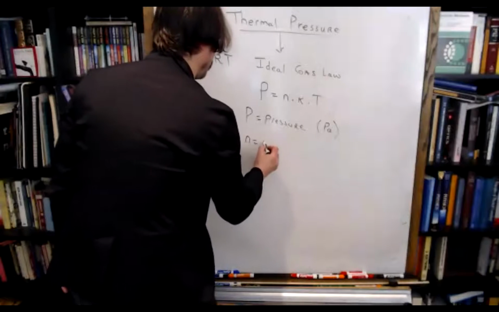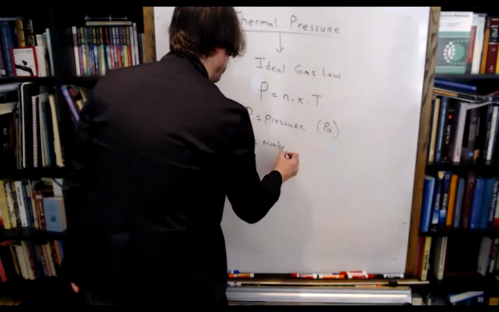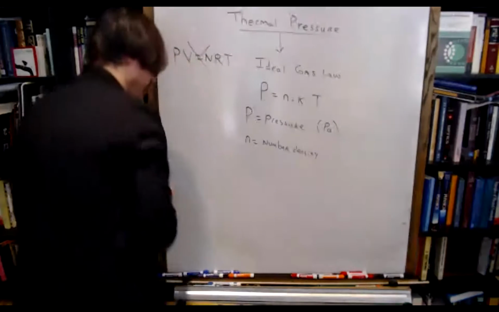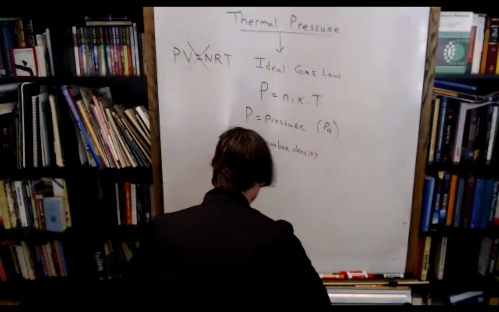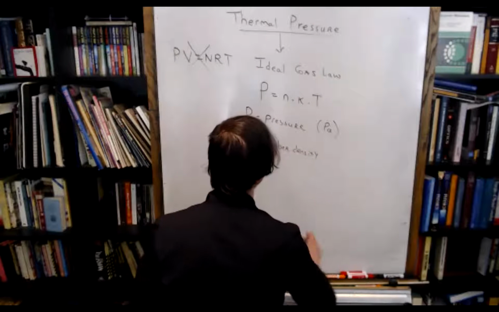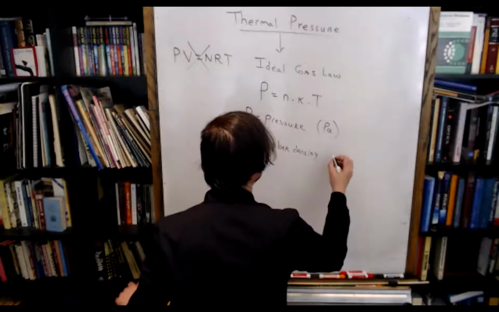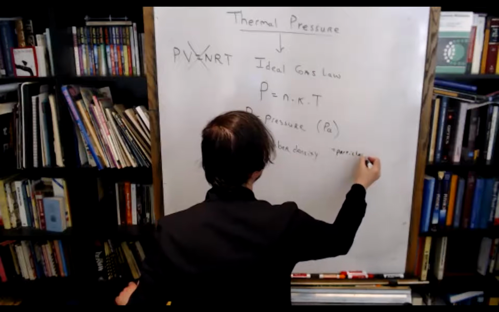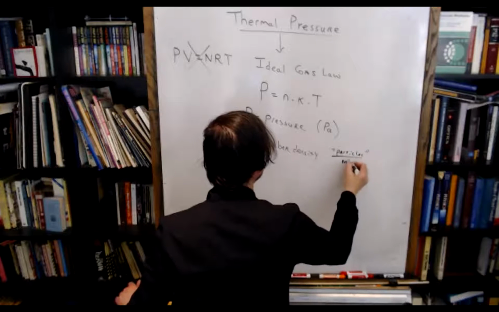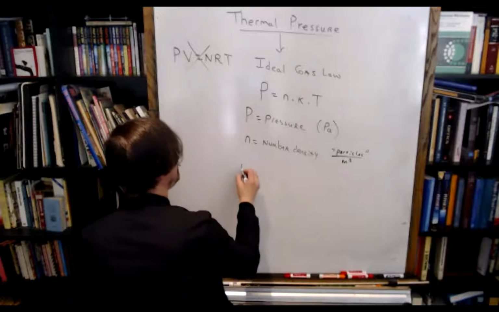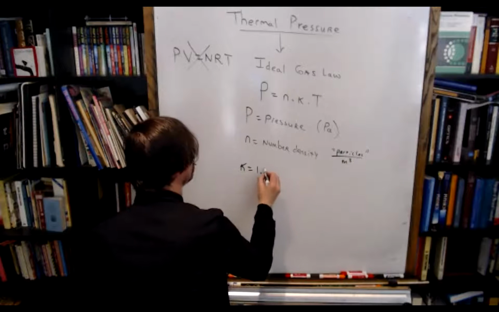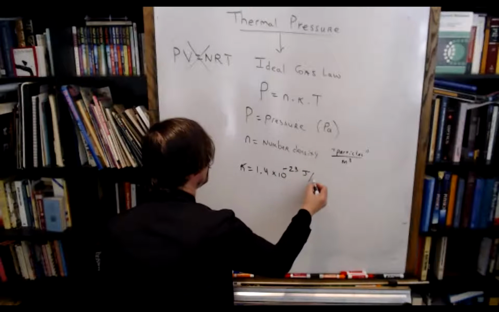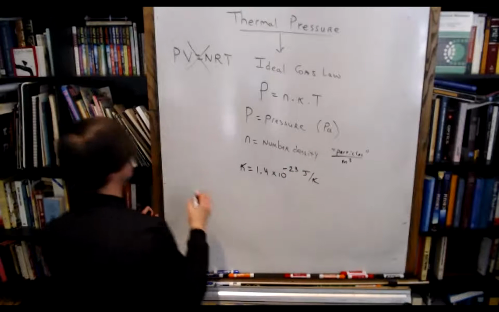N is the so-called number density of the gas, measured in a kind of funky unit called particles per cubic centimeter or particles per cubic meter. k is a constant of nature called the Boltzmann constant, 1 × 10⁻²³ joules per Kelvin.